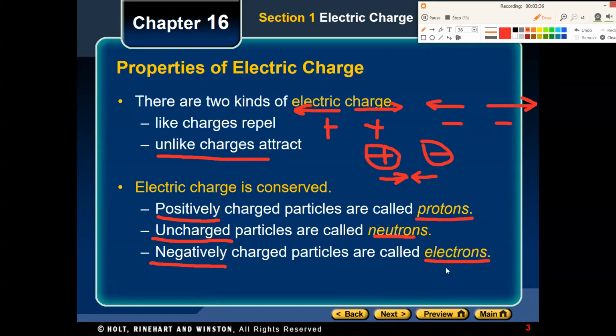We arbitrarily assign the negative sign to electrons and the positive sign to protons. But we know the proton and electrons have opposite kinds of charge. So proton and electrons are the origin of all kinds of charges.